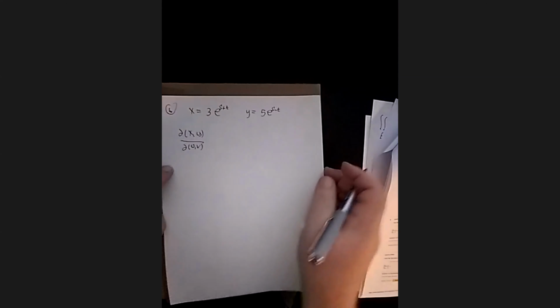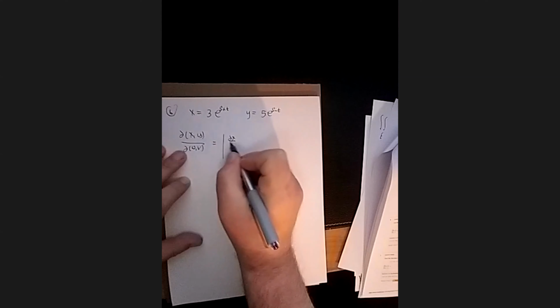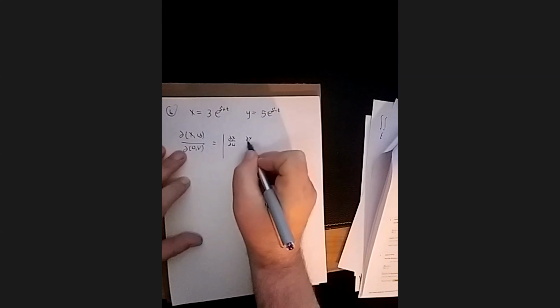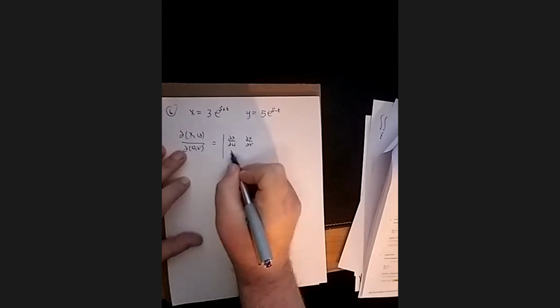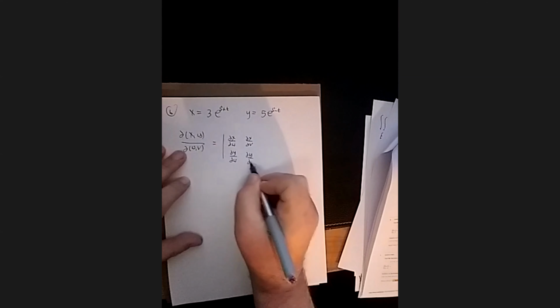Let's do the Jacobian. Since it doesn't have the absolute value around it, we'll stick to their notation. Right. Differentiate x with respect to u, differentiate x with respect to v, differentiate y with respect to u, differentiate y with respect to v.